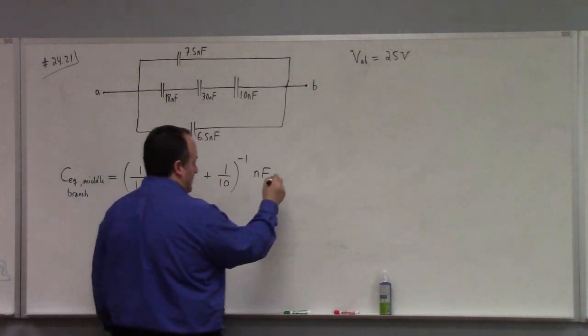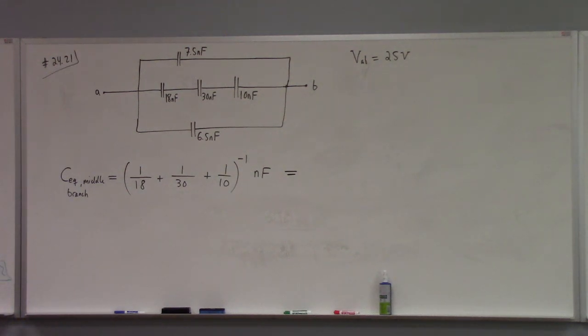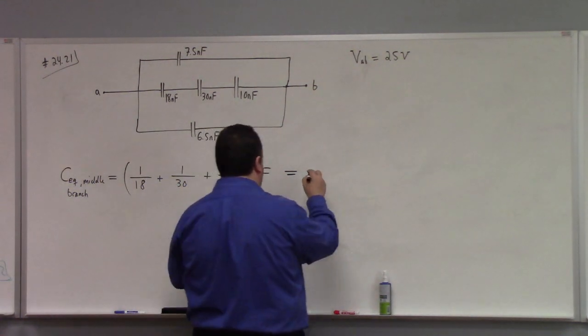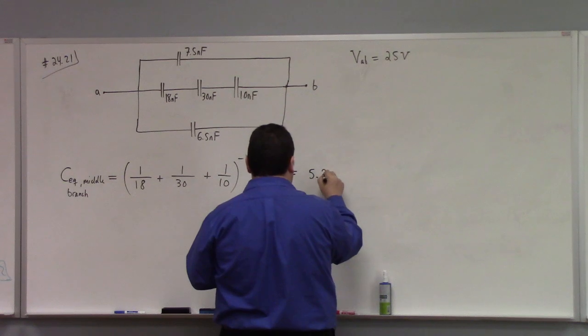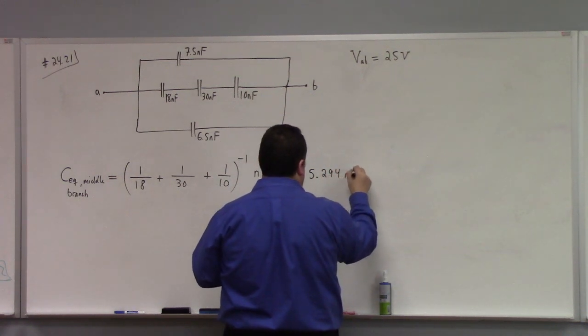So whatever that works out to, let's work it out. We get 5.294 nanofarads.